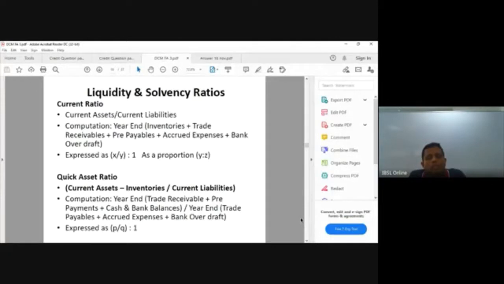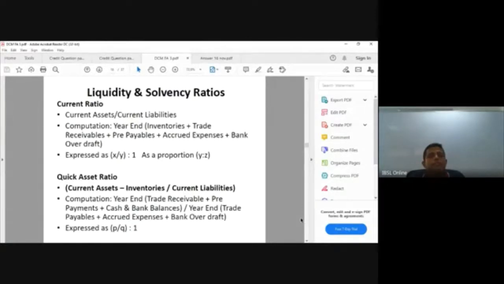Now, in these two ratios, we compare the liquidity position of entities, whether the company has a good liquidity position or not. Take the first ratio. This ratio is expressed as a proportion, right? You take the current liabilities total and compare it as a proportion to the current assets.